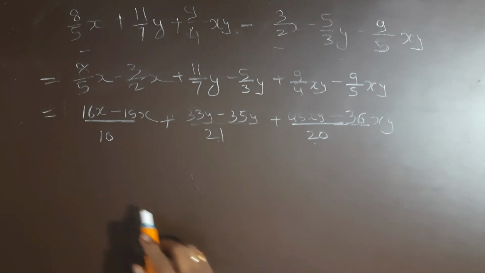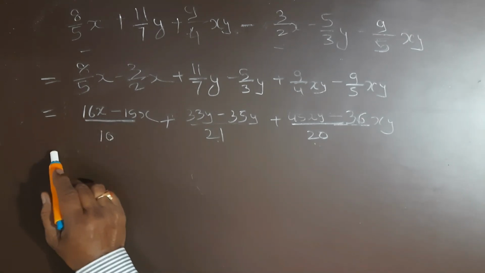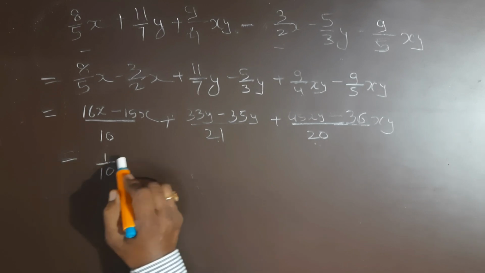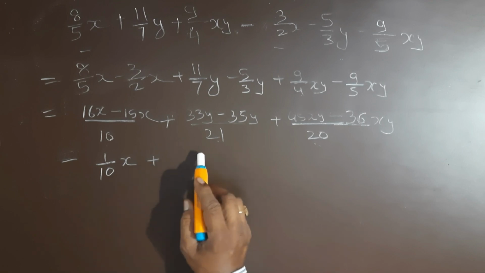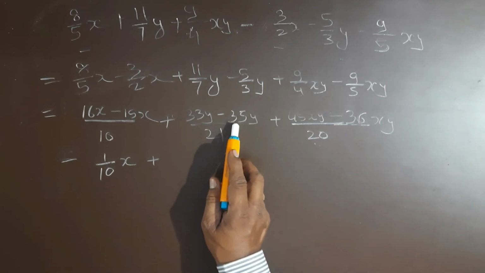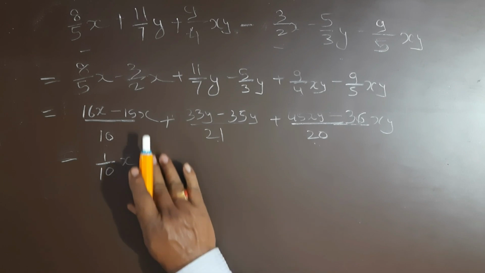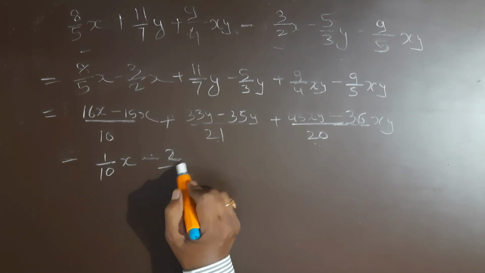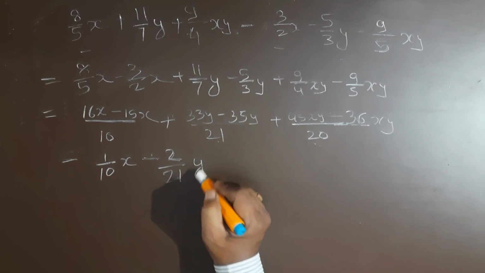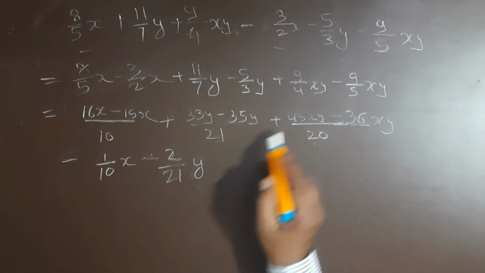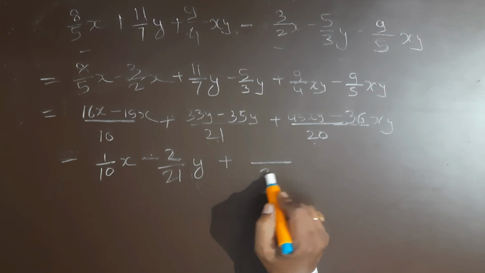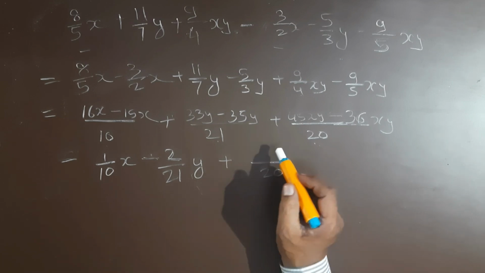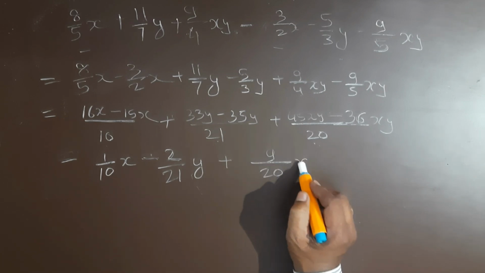Now 16 minus 15 is 1, so we will write simply 1 by 10x, and here 33 minus 35, since this is the greater number, so minus will be there, 2 by 21y, and here 45 is greater, so plus, 45 minus 36, I think 9xy, so 9 by 20xy.